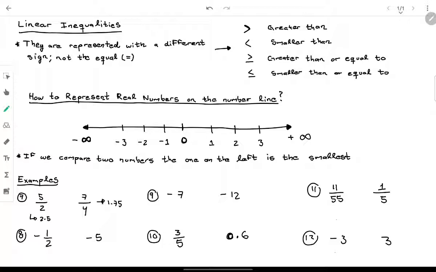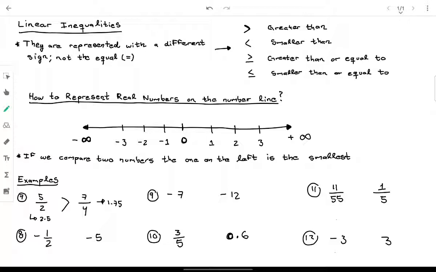So 1.75 is here, 2.5 is here. So 2.5 is bigger than 7 quarters. In this case, 5 halves is greater than 7 quarters.